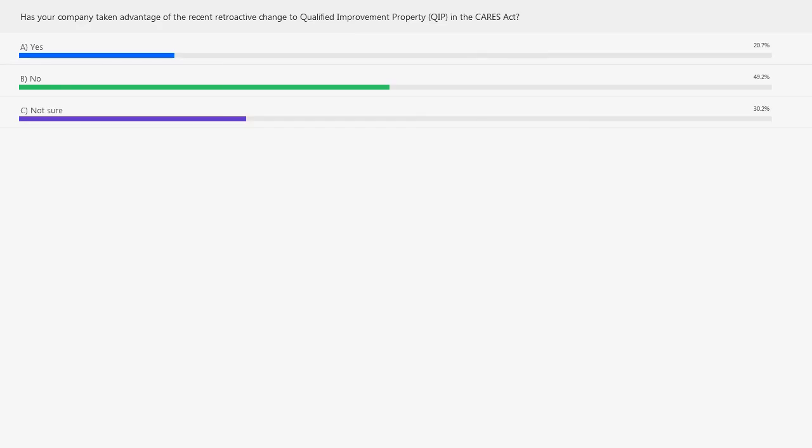Yeah, so this is, again, similar to the first polling question, kind of across the spectrum and to be expected. So the majority of you have said no, which, for a lot of companies, is just the timing of the CARES Act. It came in late March, and we had these changes that were significant, and maybe a lot of taxpayers had already filed 2019 returns at that point.